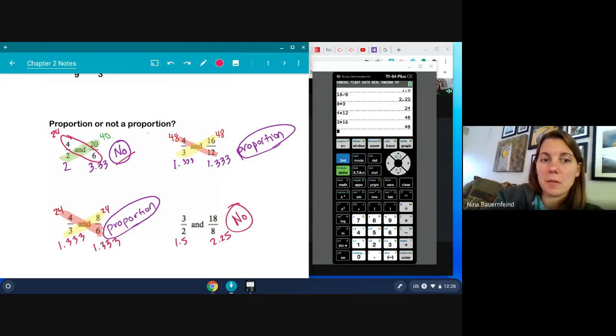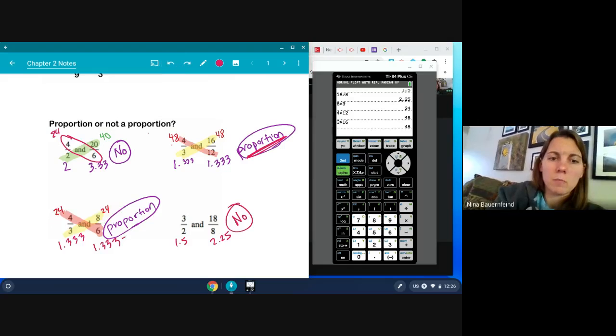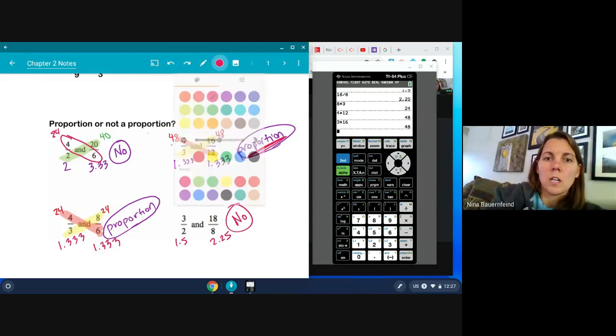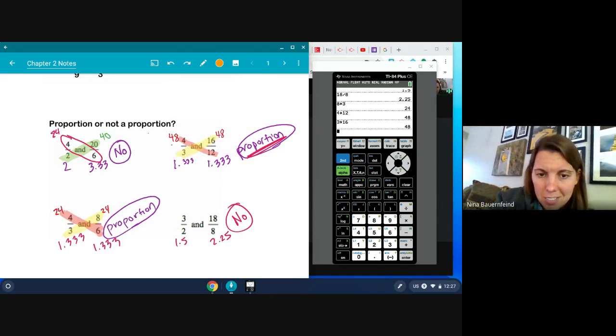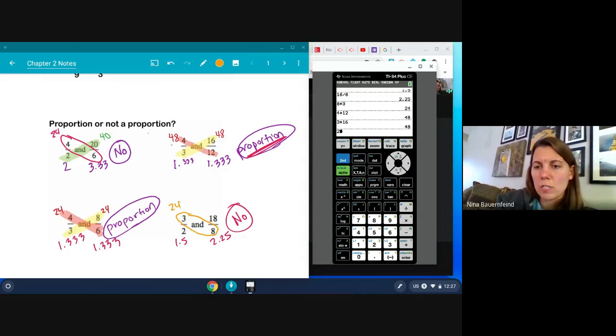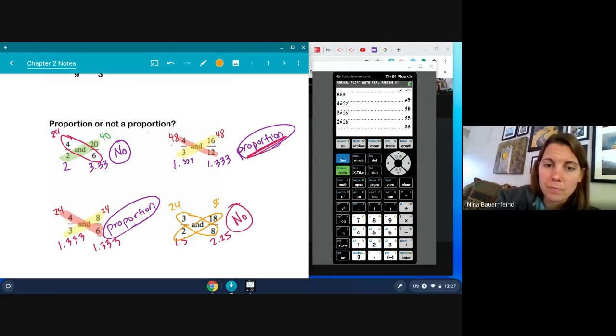And it became a no. This 48 and 48, proportion. 24, 24, proportion. This next one, what's 3 times 8? 24. Yep. And then 2 times 18 is 36. Notice they're different, and it was a no.